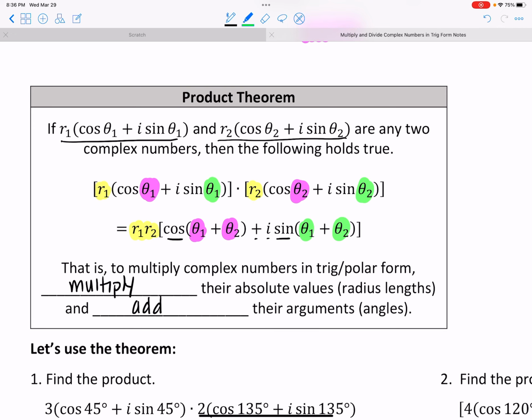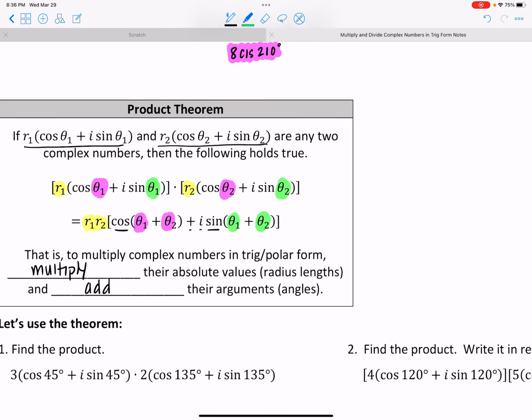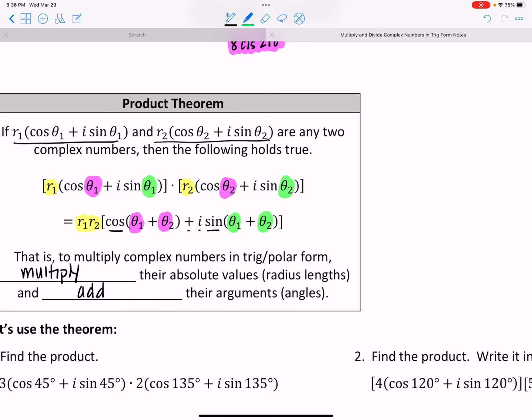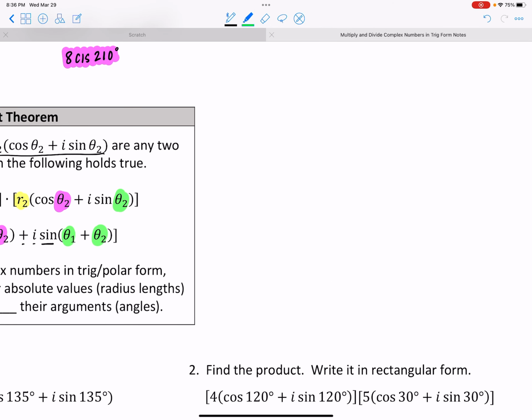Multiply and add. Okay? Now in condensed form, I think it looks a little cleaner, so let me write it in the compact form.